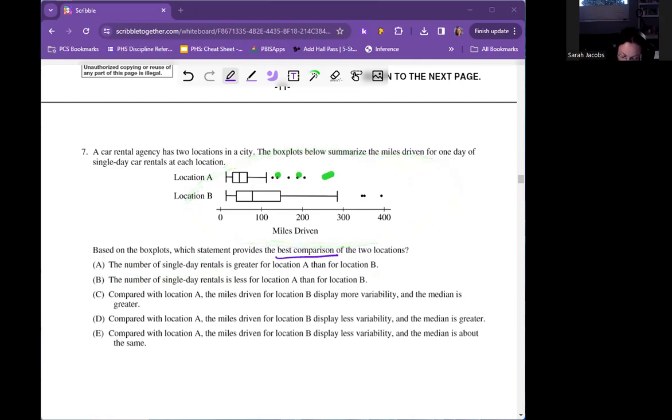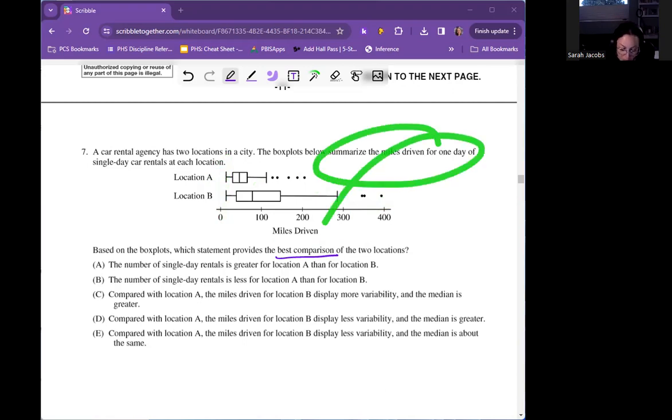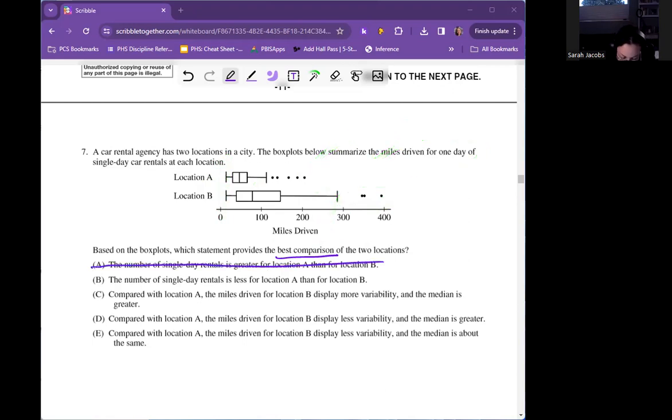We know that there are 5 outliers in A and 3 outliers in B. We can see that they have pretty close to the same minimum. We can see that the other pieces of the 5-number summary are more different. But we have no information about the number of single-day car rentals. This is also about the miles, not about the number of rentals. So that's another reason it's out.